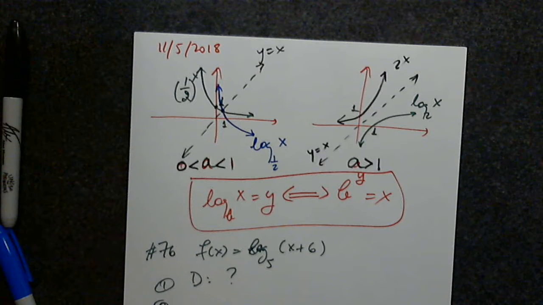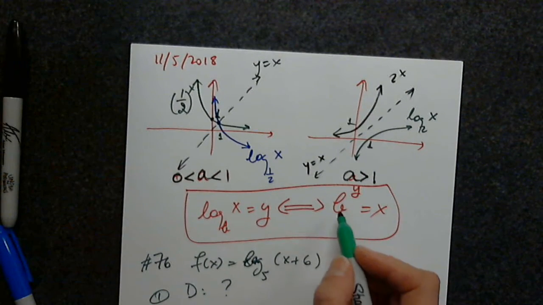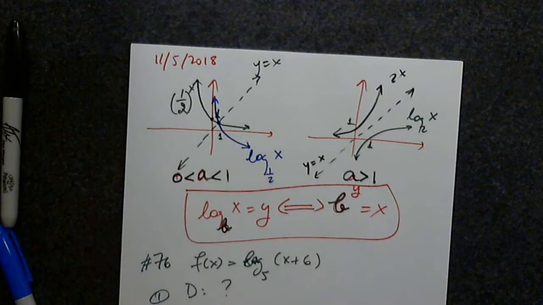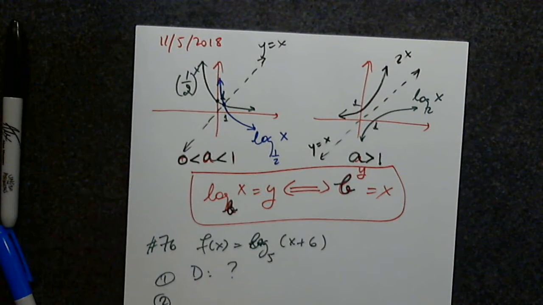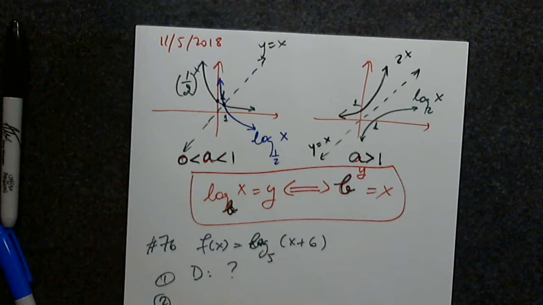Is it better? Questions? Stop me anytime, please. Yes, I put b here. Put any base. As long as you are consistent, if you put a here, you have to put a here. Any base you want.